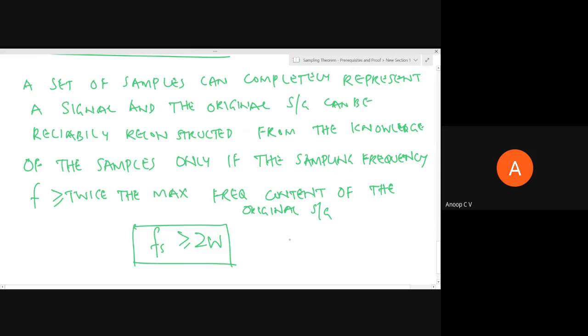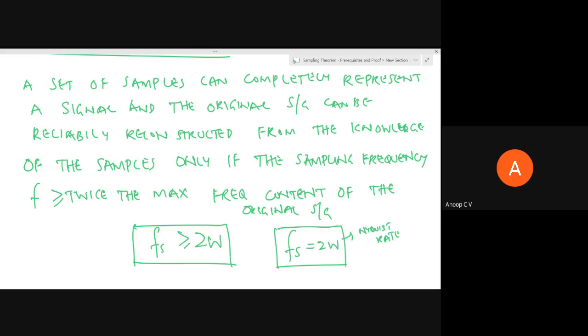So the condition fs equal to 2w is actually called the Nyquist rate. This is the minimum sampling frequency required, so this many samples should be taken in a second so that they can completely represent an analog signal, and the analog signal can be reliably reconstructed from the known samples.